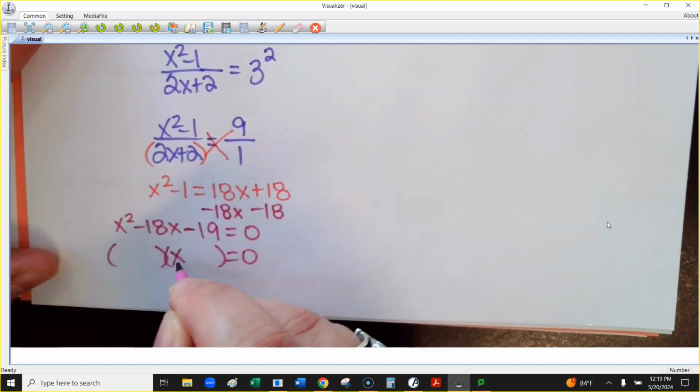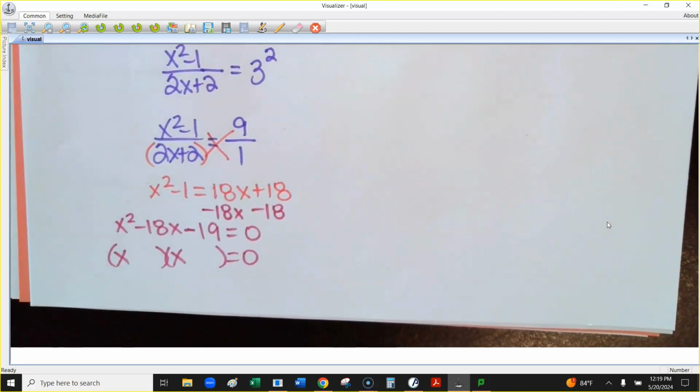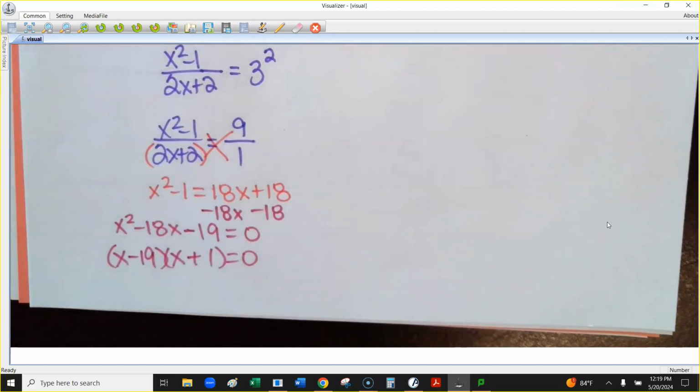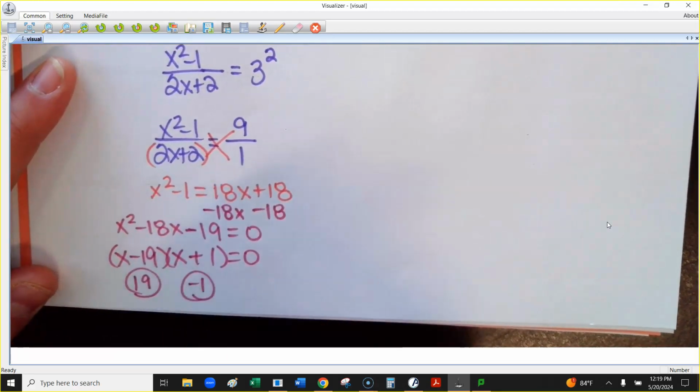Can you guys think of 2 numbers that multiply to get you negative 19, add to get you negative 18? Exactly. Yeah, 19 and 1. The 19 has to be negative to get that negative 18. The 1 has to be positive. Now, my 2 answers then, 19 and negative 1.